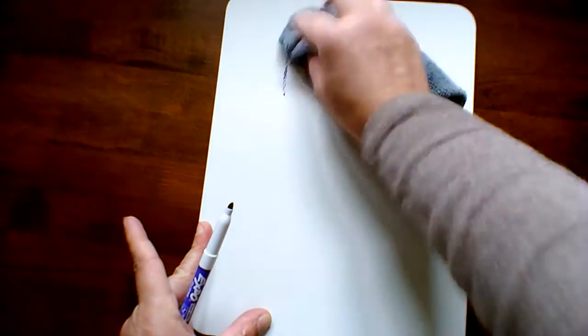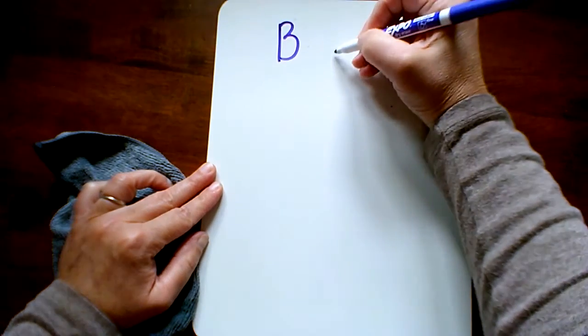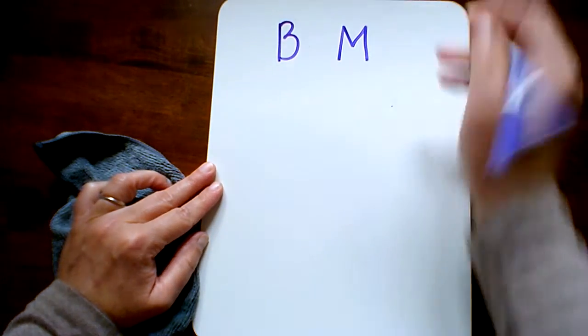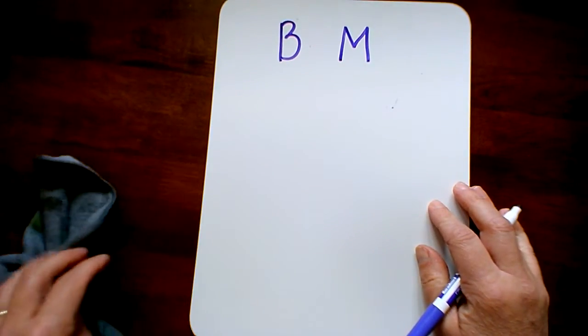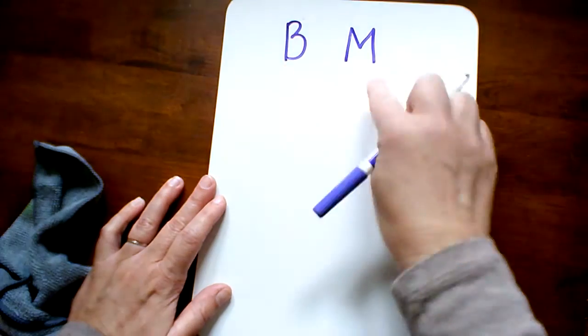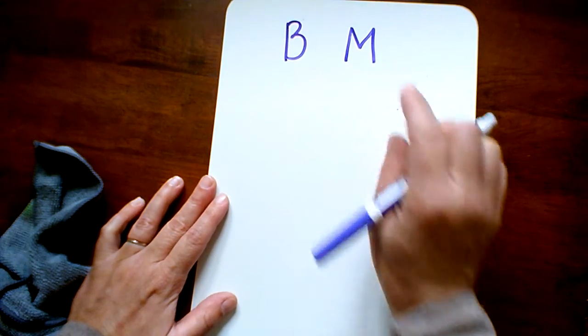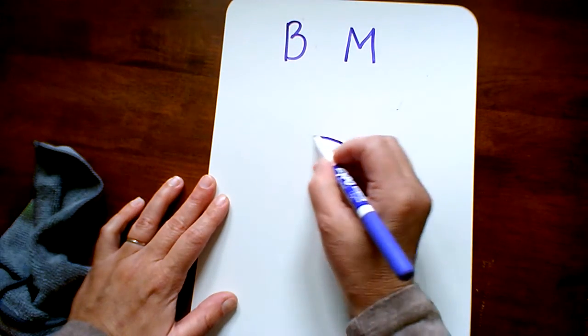I'm going to have the letters at the top. Here's B, and here's M. When I draw the picture, you have to tell me which letter it starts with. So let me start with this picture.